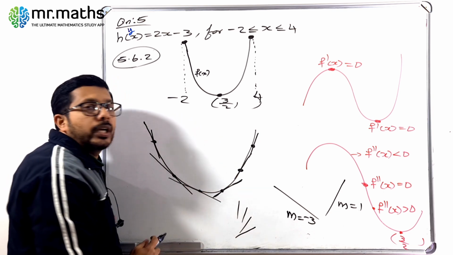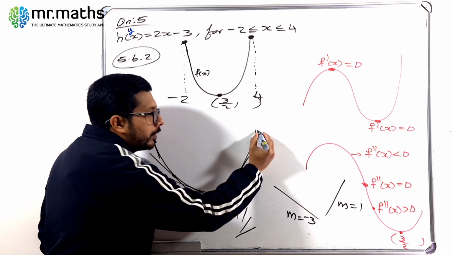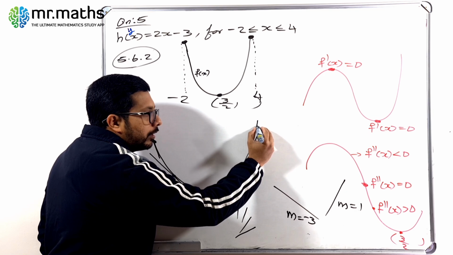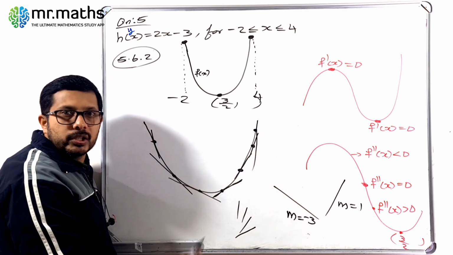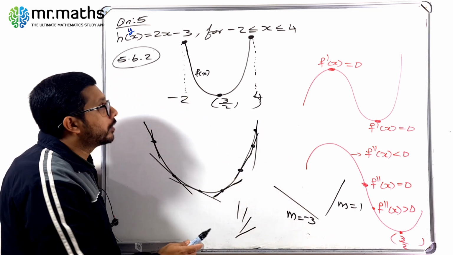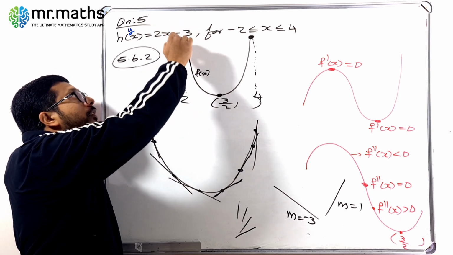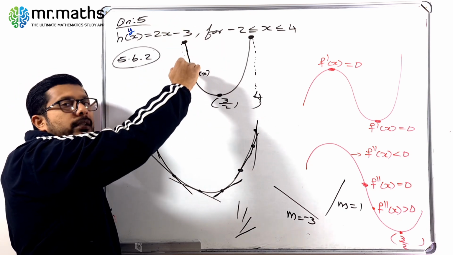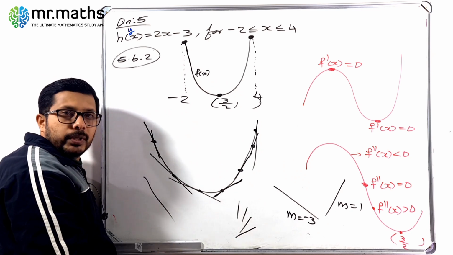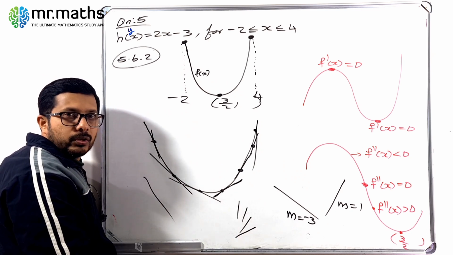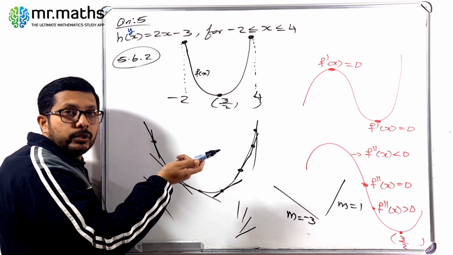So you will get the maximum gradient at this point. Am I right? Not at this point. At this point, if I draw the tangent, the slope is going to come like this, and that is a negative gradient. Negative gradient is not bigger. Positive gradient is going to be bigger.